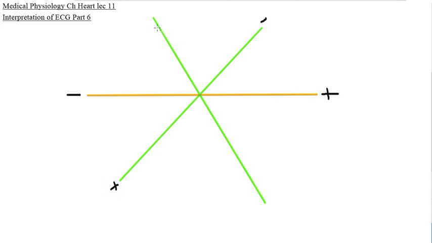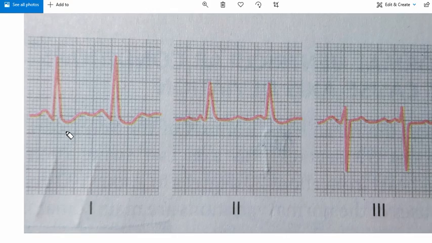And this is the axis of lead 2, negative terminal, positive terminal. I do not want to talk about these axes as I have explained them in detail in previous lectures on lead 1, lead 2, chest leads, bipolar limb leads, etc.